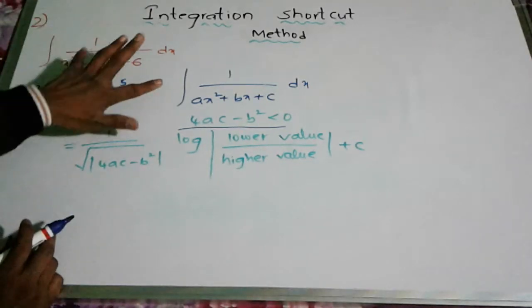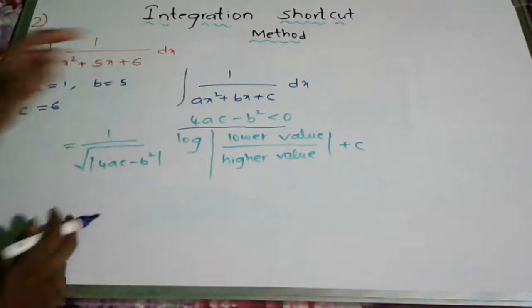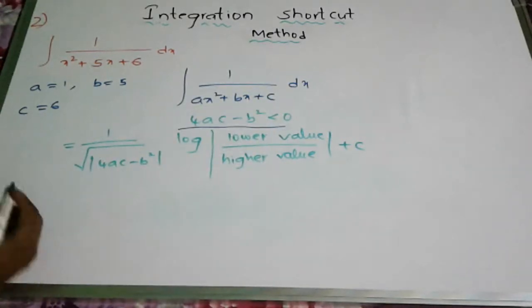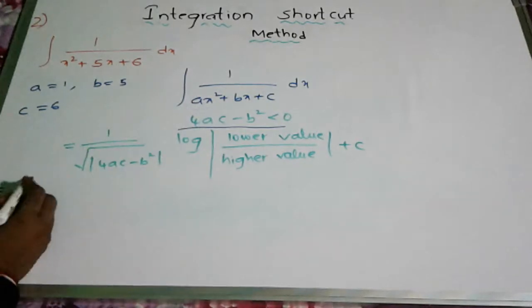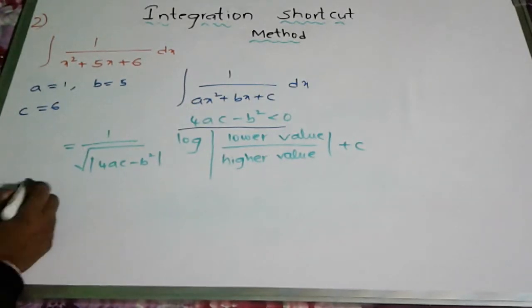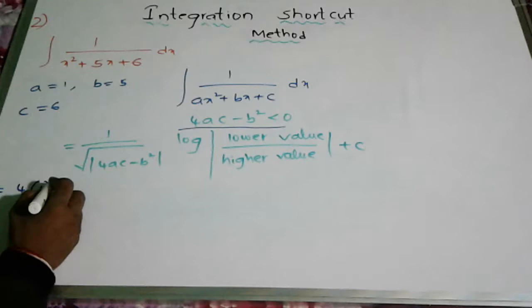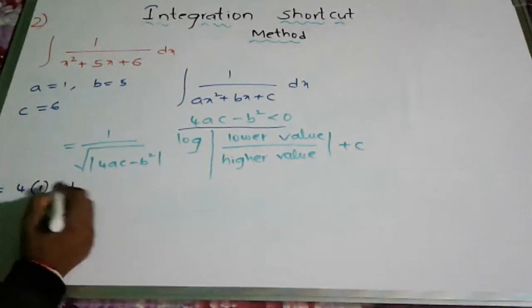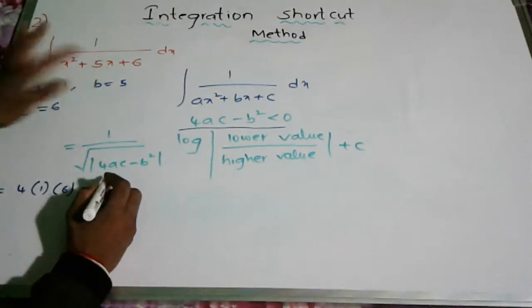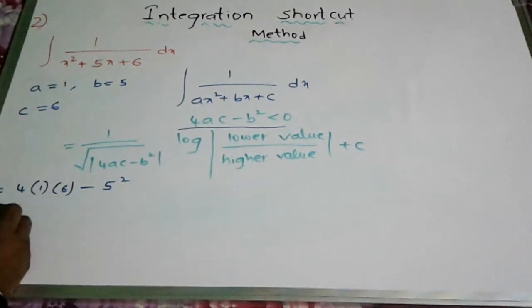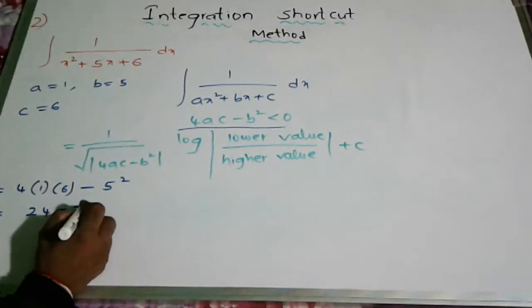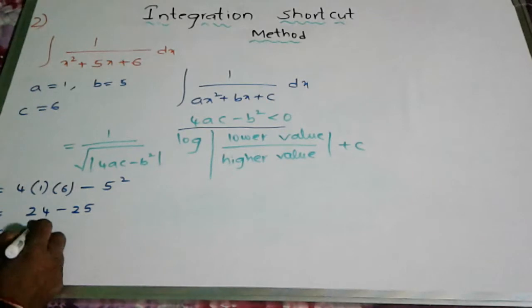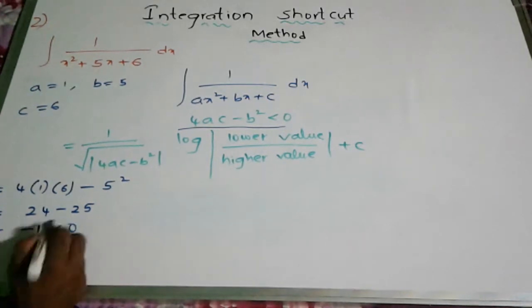I just compared the coefficients of x square and x and c, and I'm substituting these values over here. 4 times 1 times 6 minus 5 square, which is equal to 24 minus 25, which is minus 1, which is less than 0, right?